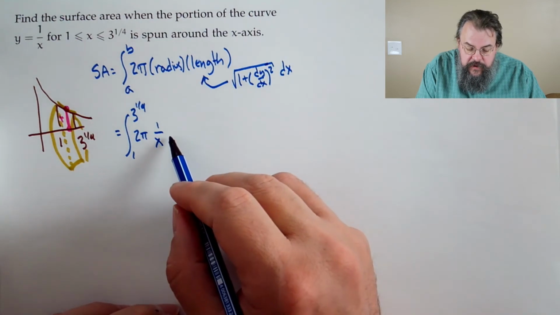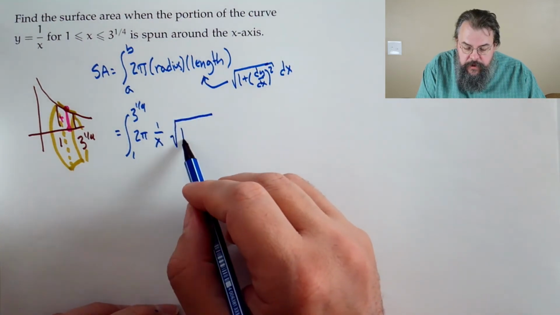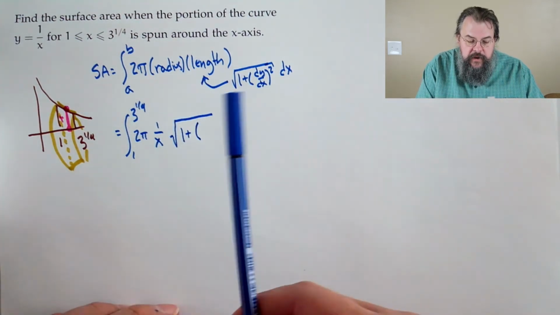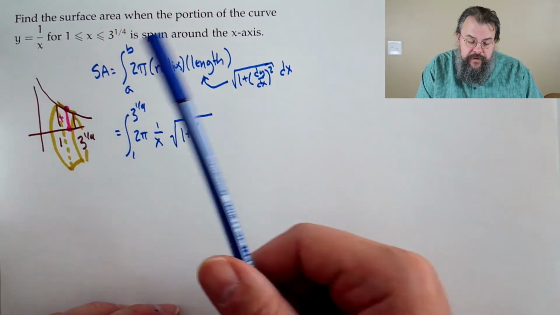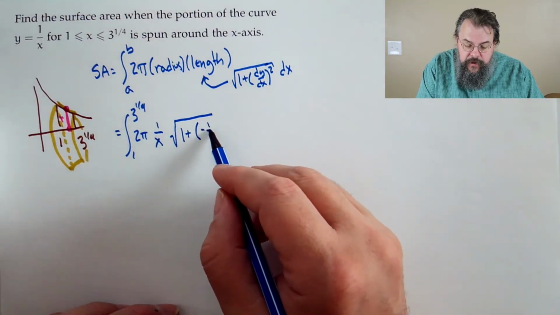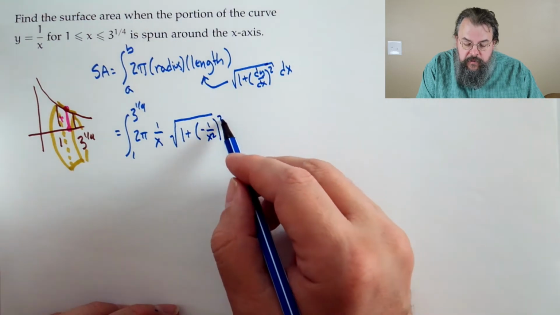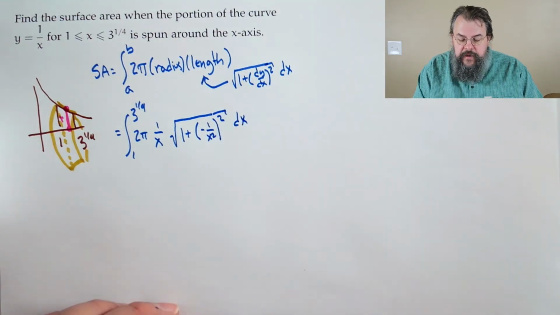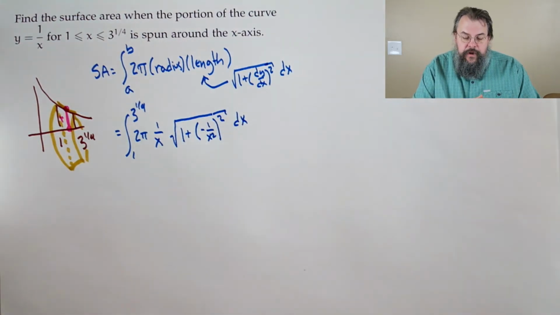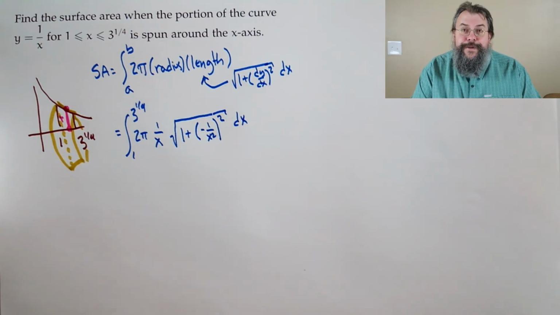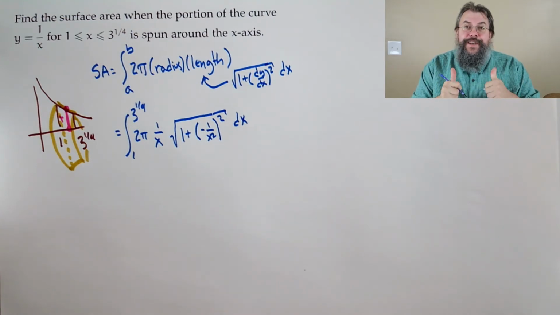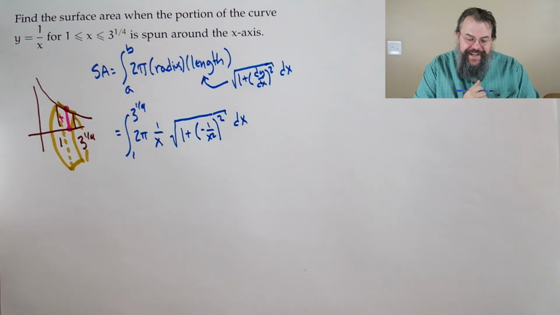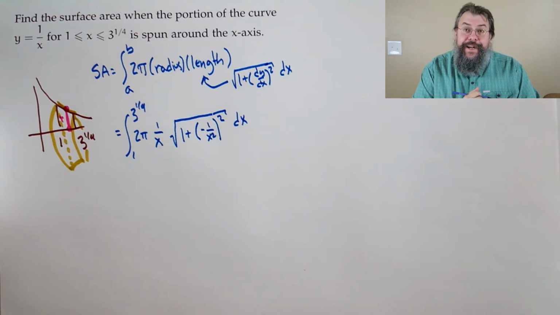So that would be the square root of 1 plus, now, take the derivative of 1 over x. That would be minus 1 over x squared, squared, dx. All right, well, that's it. Once we figure out how to integrate that, we'll be good to go. Of course, small subtle thing, we have to figure out how to integrate that.